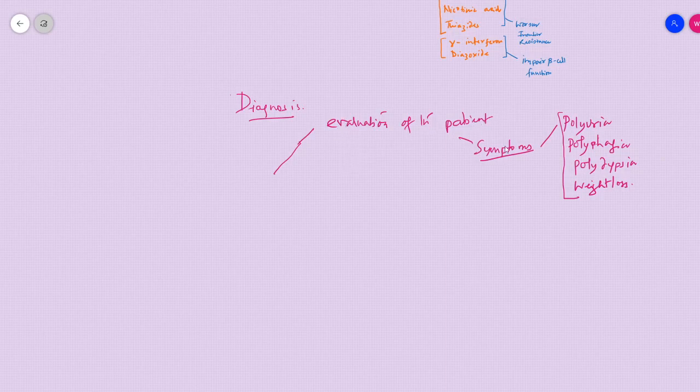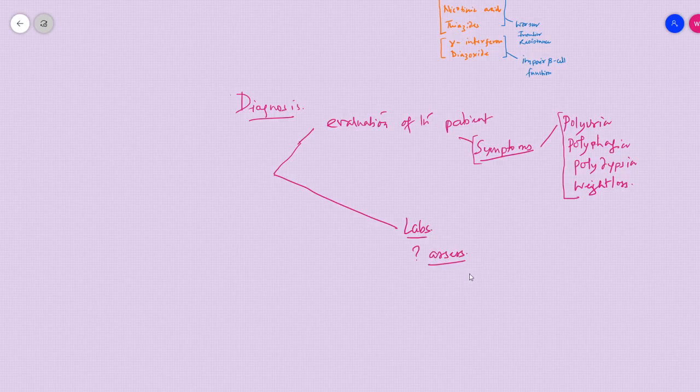So the patient comes, tells the symptoms, and you have an idea that the patient might be diabetic. But because you're practicing evidence-based medicine, we need to look at the labs. So we send the patient for labs. What are we trying to assess?